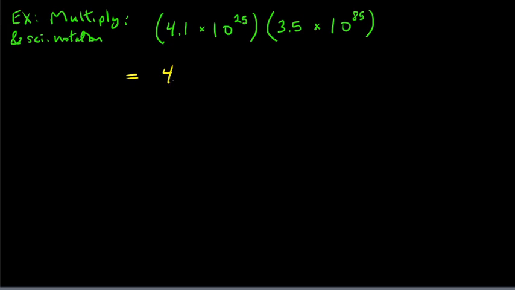So as usual, just multiply 4.1 times 3.5, and then times 10 to the 25 times 10 to the 85. Okay. So 4.1 times 3.5 is 14.35.